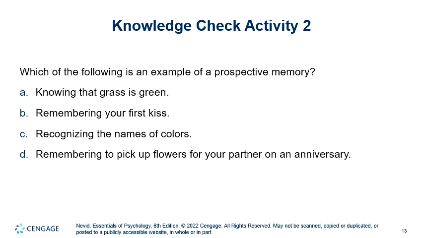Or would it be D, remembering to pick up flowers for your partner on an anniversary? Doesn't that sound sweet? Anyway, which one do you think would be representative of prospective memory? I won't give y'all the Jeopardy music this time. But if you need more time to think, I would suggest pausing the video, because I'm about to move on.